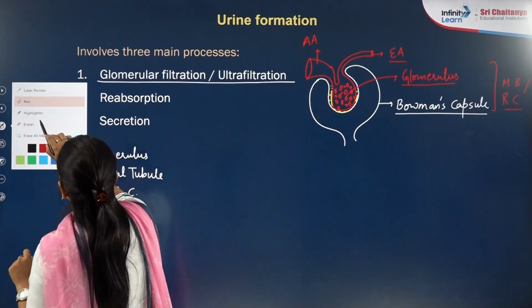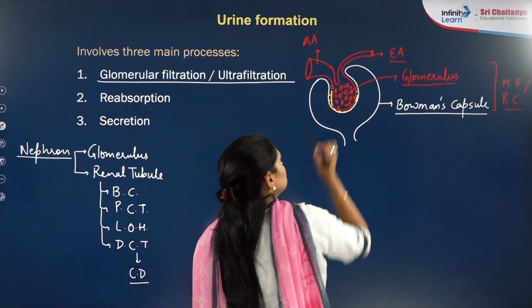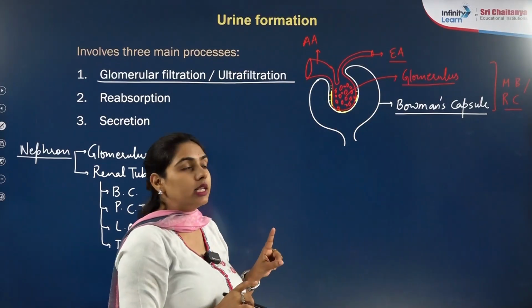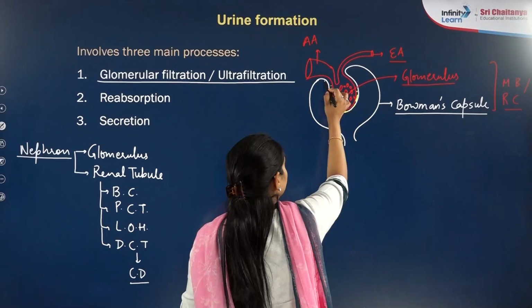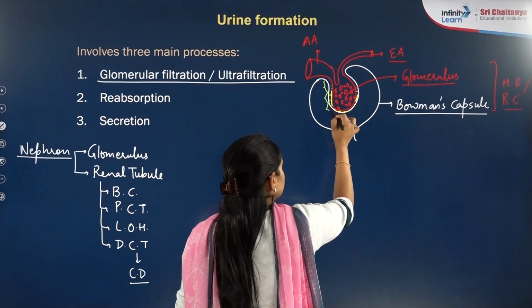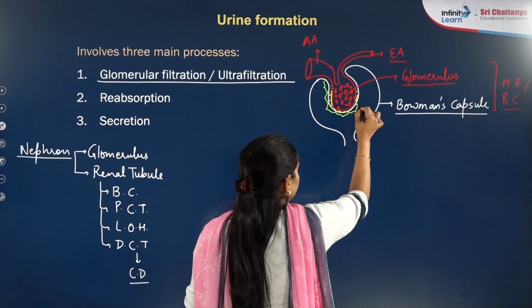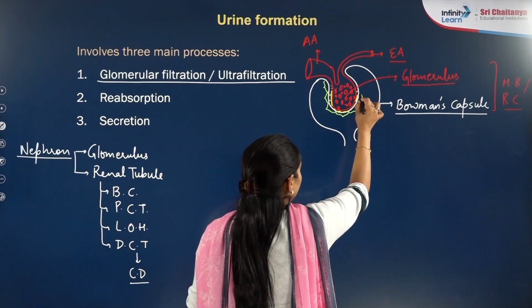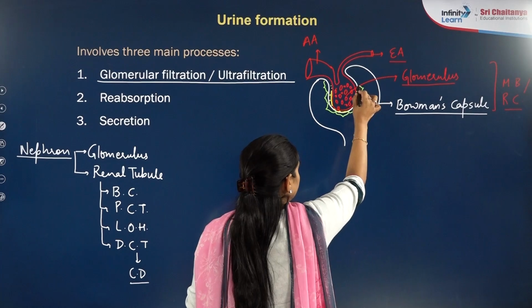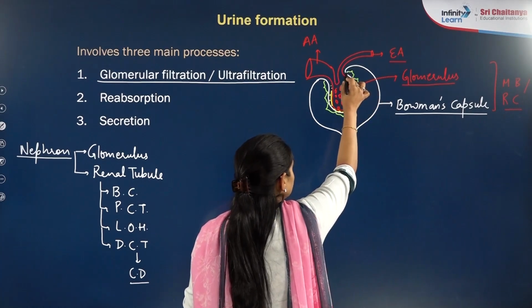And then if we talk about this Bowman's capsule, it also has simple squamous epithelium. Now they get modified and are known as podocytes. Why are they known as podocytes? Because they have foot-like appendages.